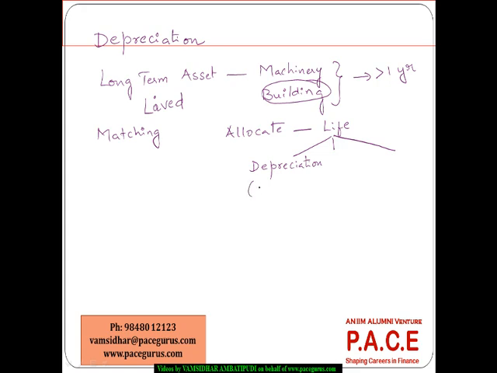For intangible assets like patent, copyright, software, we call it amortization, the same spreading of the expenses over the useful life. And in some cases we use the word depletion, especially when we are using natural resources.